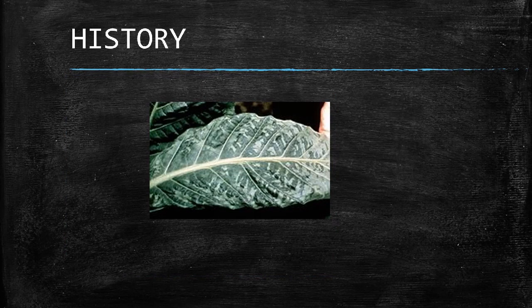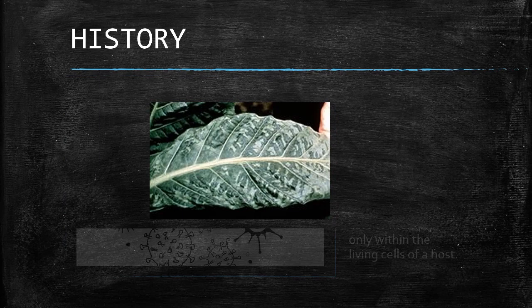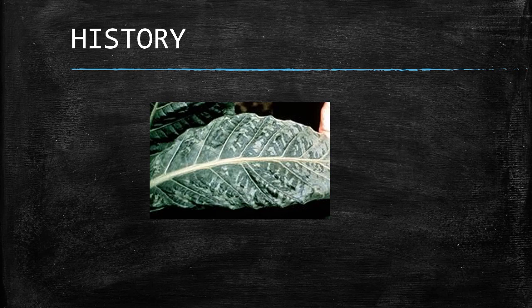History. In the late 19th century, a contagious disease was identified in tobacco plants, which took the form of a mosaic of light and dark green areas on the leaves. In 1898, a Dutch scientist named Martinus Beijerinck showed that the disease could be transmitted from plant to plant by juices that had been put through a porcelain filter, so fine that it could remove bacteria.